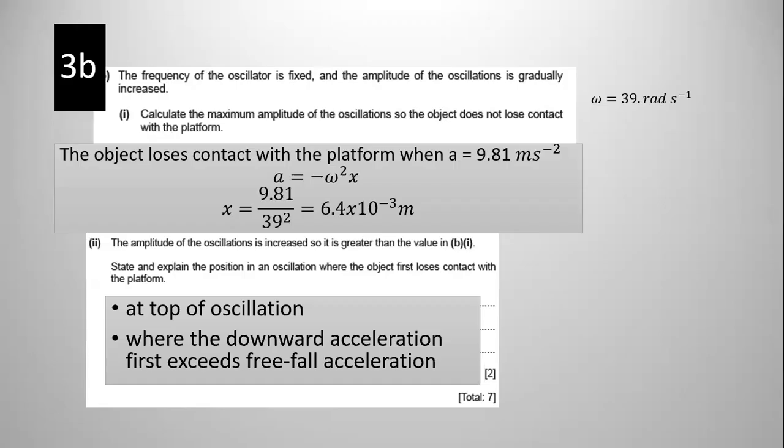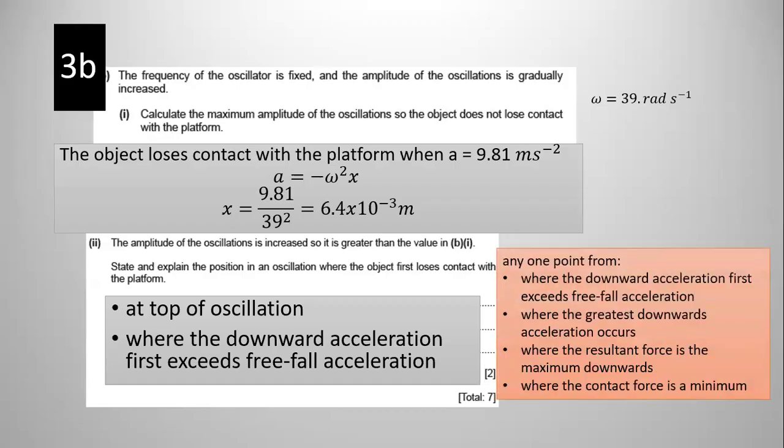The object is under an acceleration of 9.81, so when it's too large, it cannot catch up. So that's where it loses contact. But these are different alternative answers given by the marking scheme.